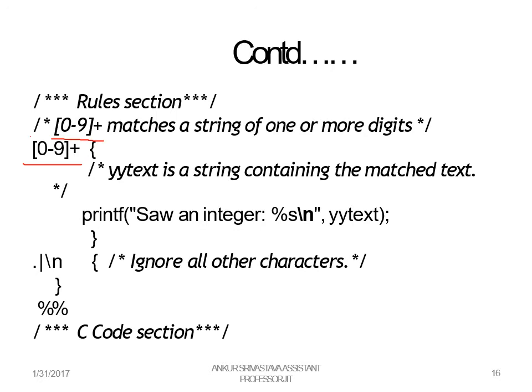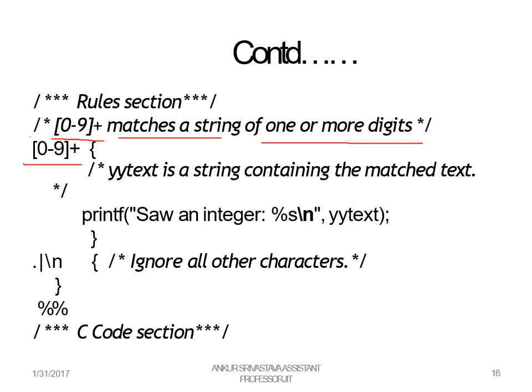This regular expression says its length should be at least 1, because the plus operator is there, and there should be numbers, not alphabets. It matches a string of one or more digits, but at least one digit is required.